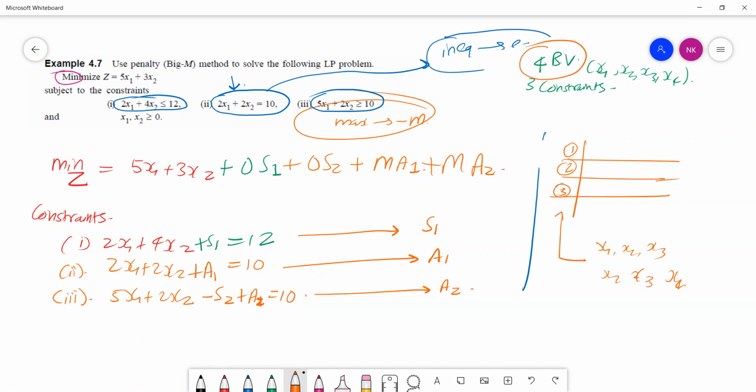So in this case, if we are not using the artificial variable over here, then we are giving a head start to one of the variables, because in the second constraint, we definitely need to select one of the variables.